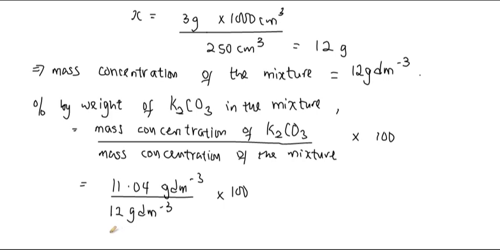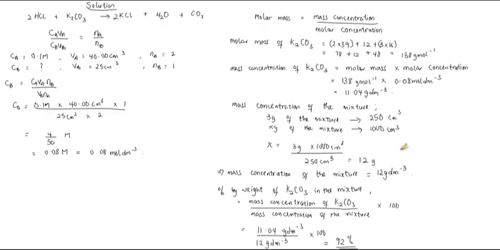So this gives 92%, and that's the final answer. So with this, we can say that the percentage of potassium carbonate in the mixture is 92%. And that will be all on that.